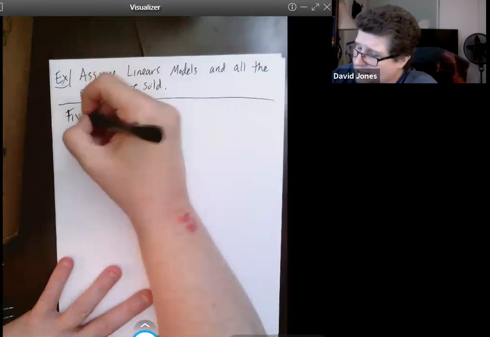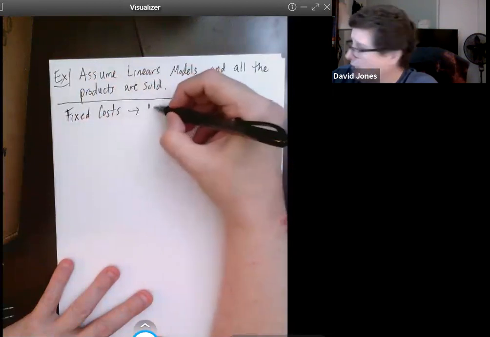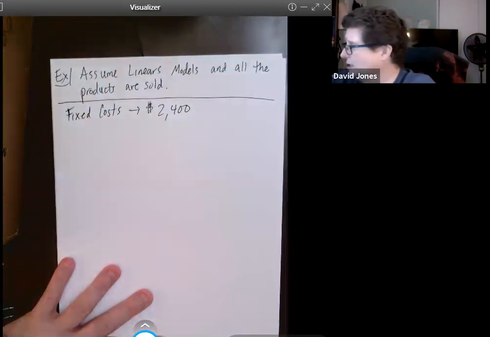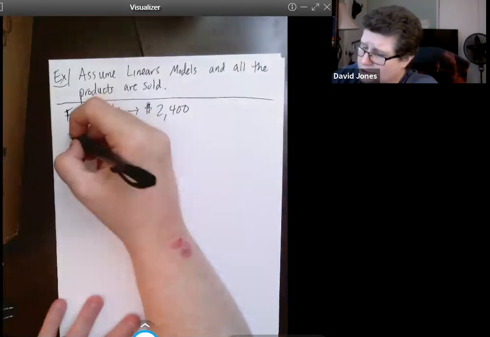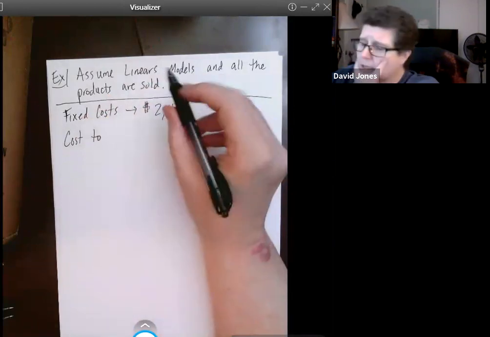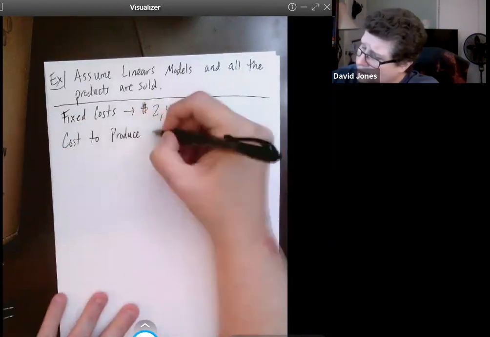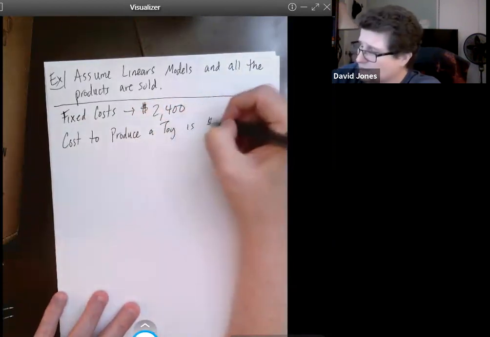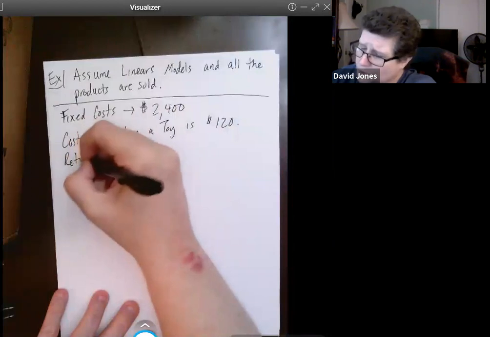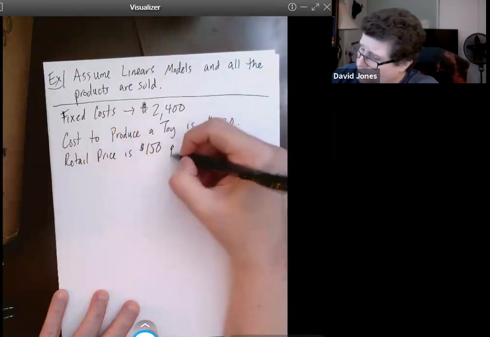Let's say our fixed costs, rent and utilities, stuff like that, is $2,400. And let's say we're producing toys. And the cost to produce the toy, it's an expensive toy, let's say it's $120. And the retail price for the toy is $150 per toy.